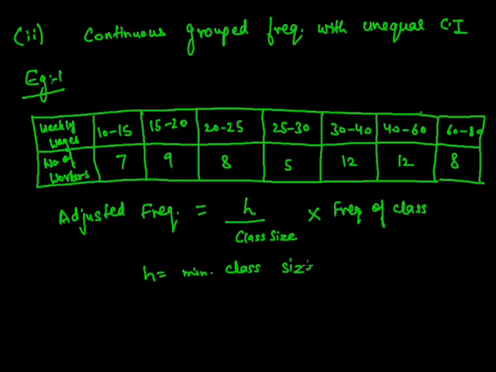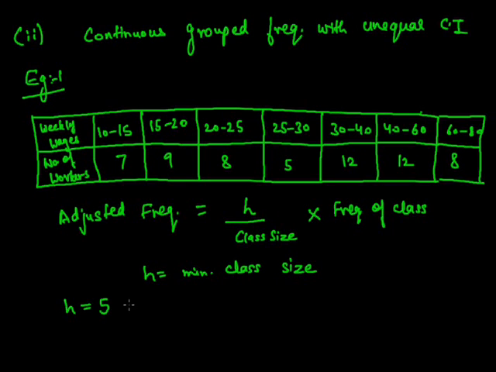So the value of h is the same throughout, because the minimum class size will be the same throughout. As you can see in this example, the minimum class size is 5, because there are different class sizes, that is 5, 10, 20. But the minimum class size is 5, so in this case h will be equal to 5.